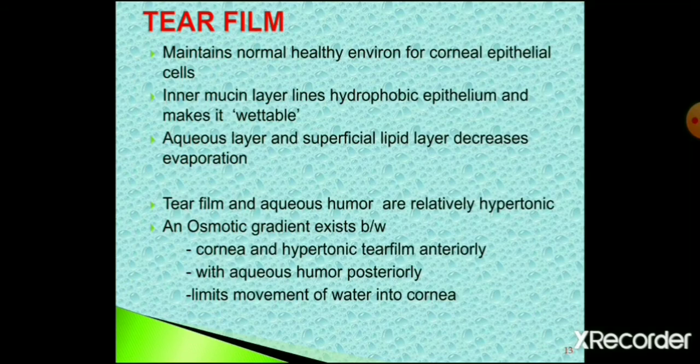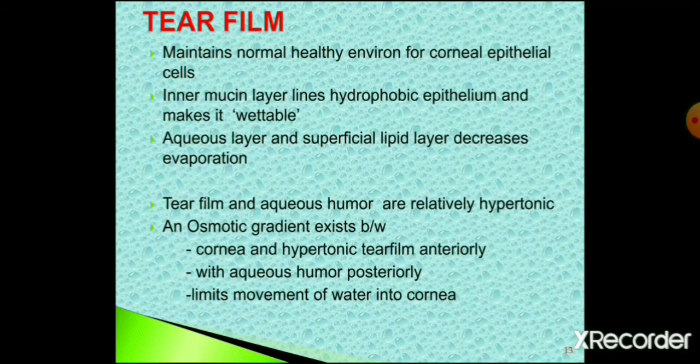So the inner mucin layer of the tear film lines the hydrophobic epithelium of the cornea and makes it wettable. Then the aqueous layer and the superficial lipid layer decrease evaporation. You know there are three layers of the tear film: the lipid layer, aqueous layer and mucinous layer. So the aqueous and the superficial lipid layer help in decreasing evaporation from the cornea.